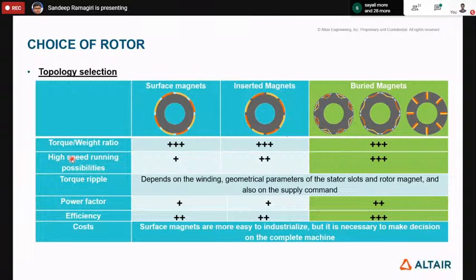So I have compared several performance parameters on the left side for the surface magnet. If you look at all this performance, buried magnets will have several advantages on the torque to weight ratio, high speed running possibilities, and also the power factor and the efficiency.